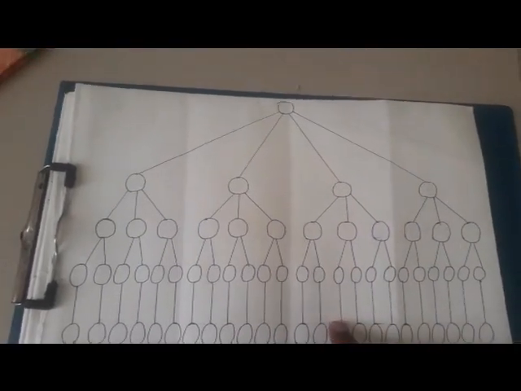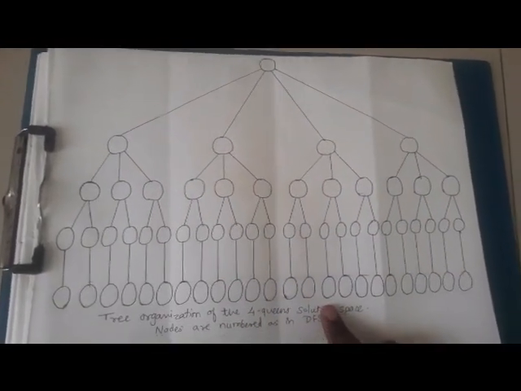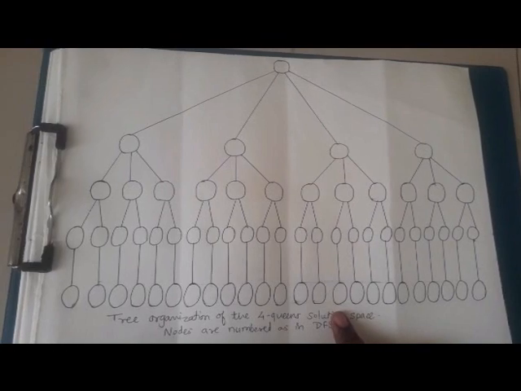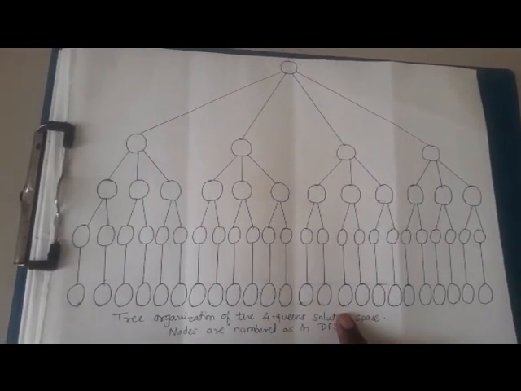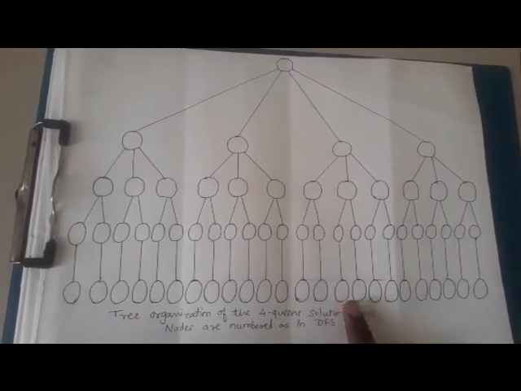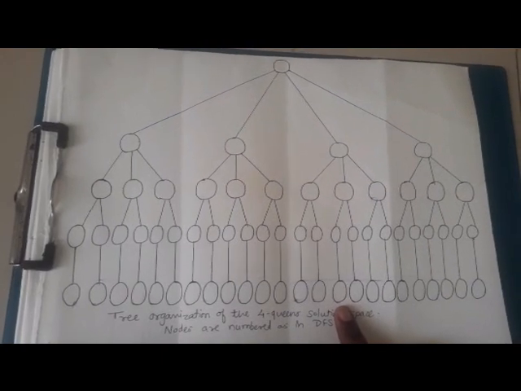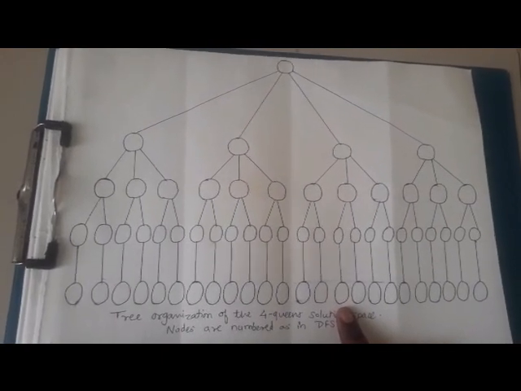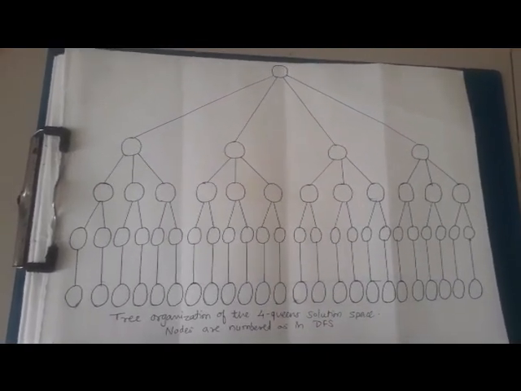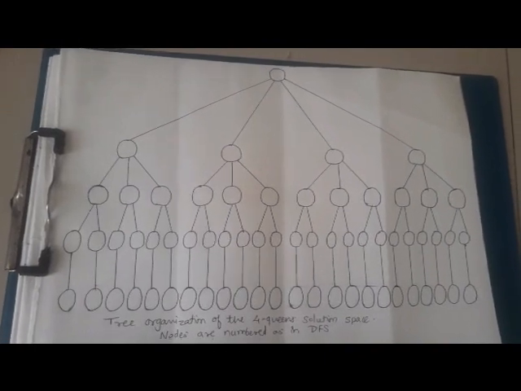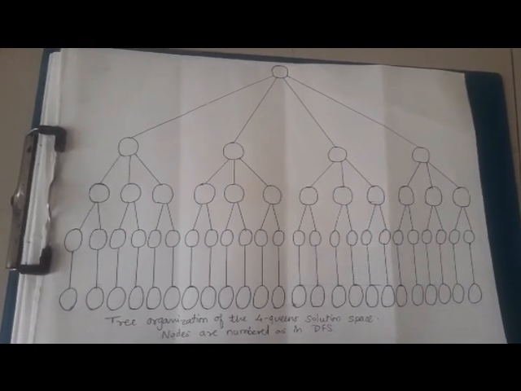Now this is a possible tree organization for the case n is equal to 4. A tree like this is called a permutation tree. The edges are labeled by possible values of xi.